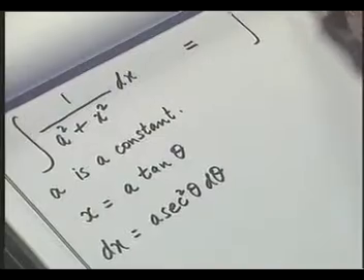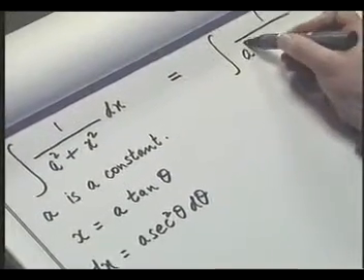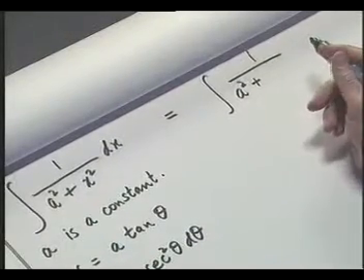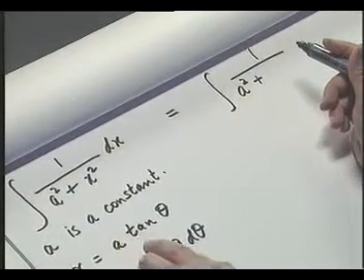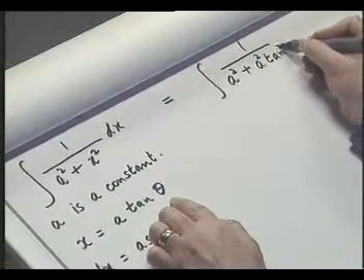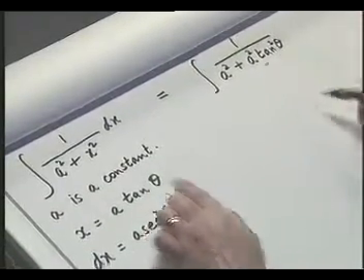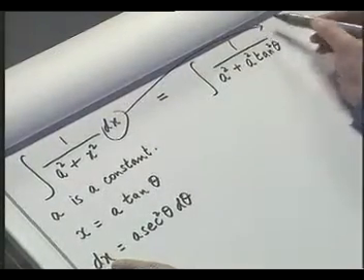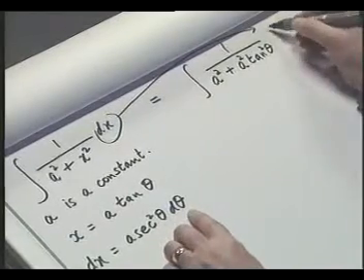We'll have the integral of 1 over a squared plus an x squared will become a squared tan squared theta. The dx will become a sec squared theta d theta.